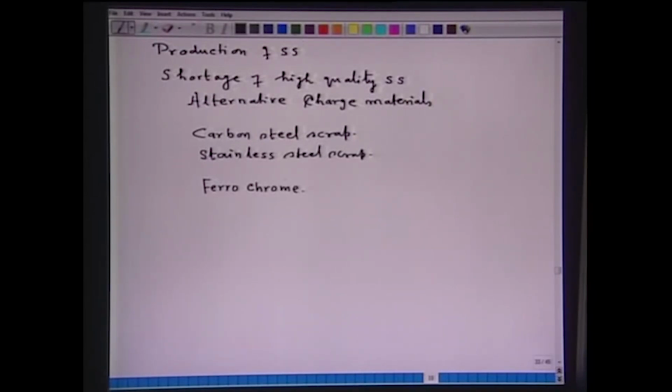Now, there are three grades of ferrochrome available. One grade is low carbon ferrochrome, which contains approximately 0.1% carbon. Then we have medium carbon ferrochrome, and this grade contains around 2% carbon.